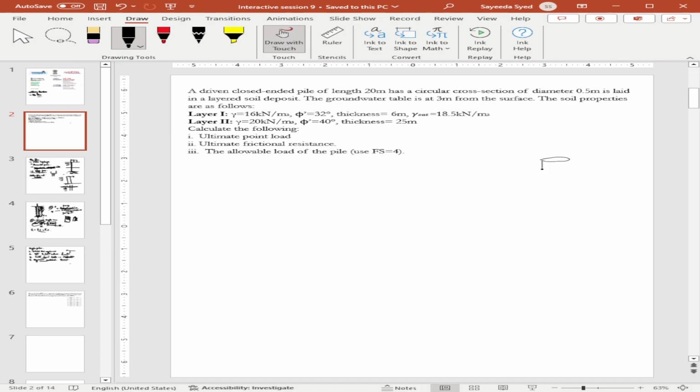So the diameter is 0.5 meter, and it is laid down in a layered deposit.